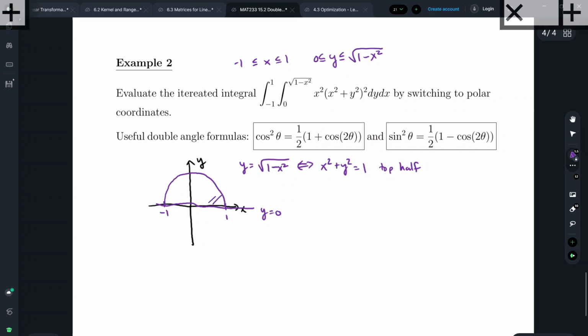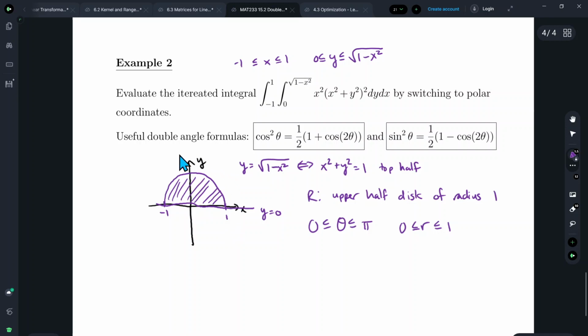Okay, so now if we shade in the region here, my region R is the upper half disk of radius 1. And so if I want to describe this, here theta only goes between 0 and pi because it's the upper half, and then r, the radius, goes between 0 and 1, right?